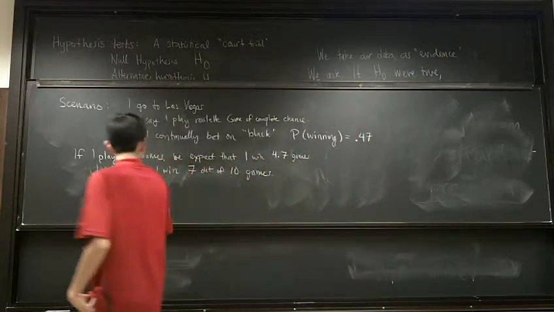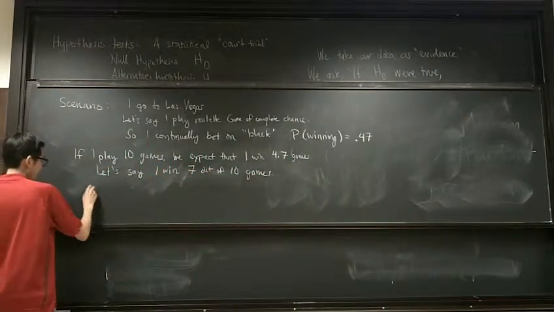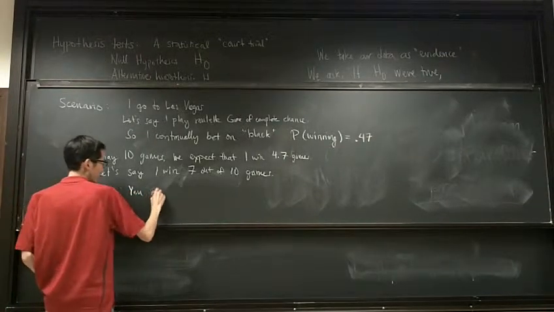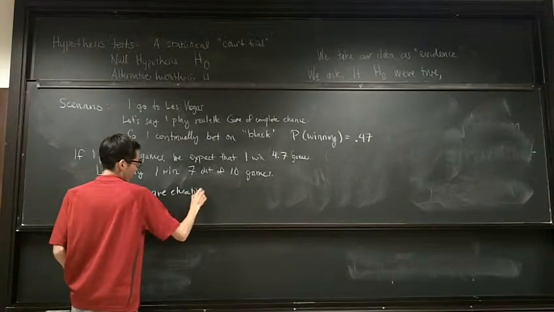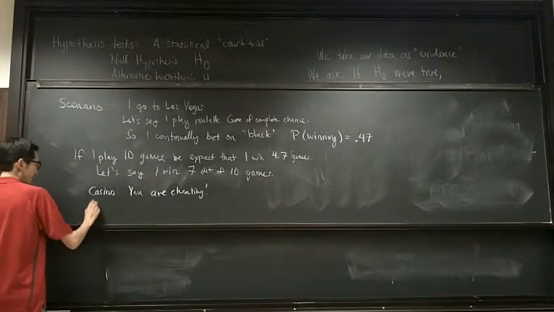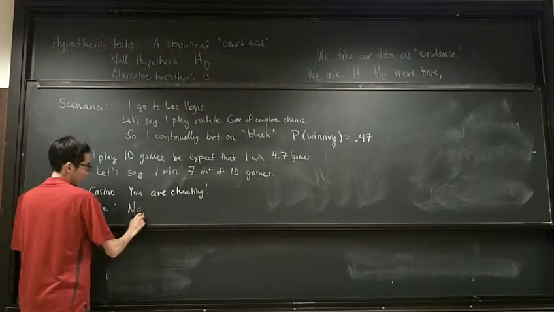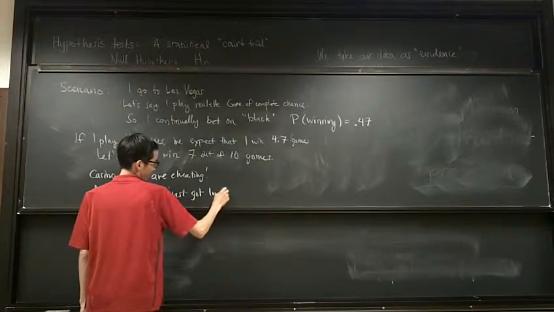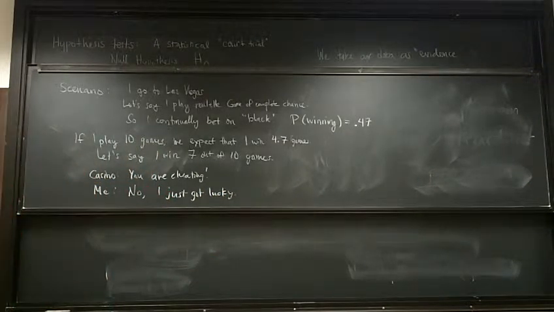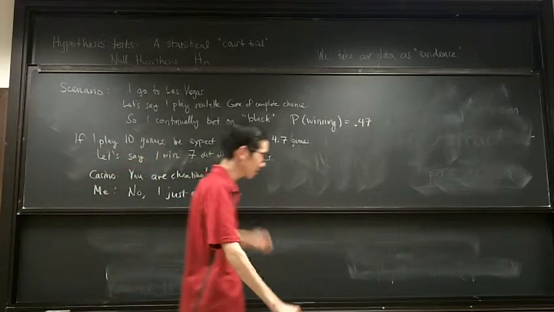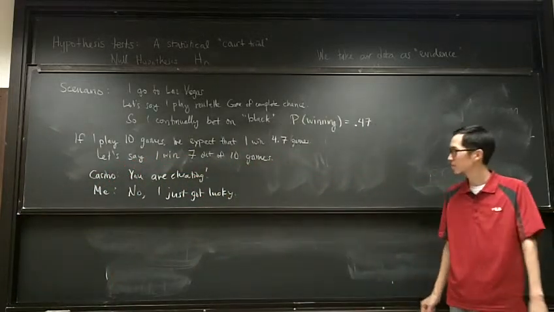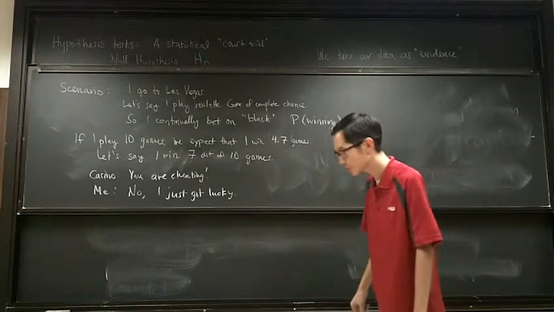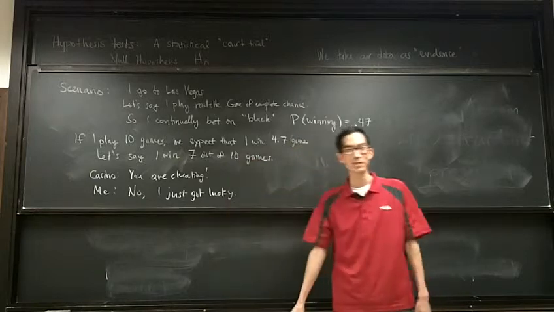So I won 7 out of 10 games. The casino claims you are cheating, and I say no, I just got lucky. How dare you accuse me of cheating? The casino says, according to probability, you should win 4.7 games, and you won 7.